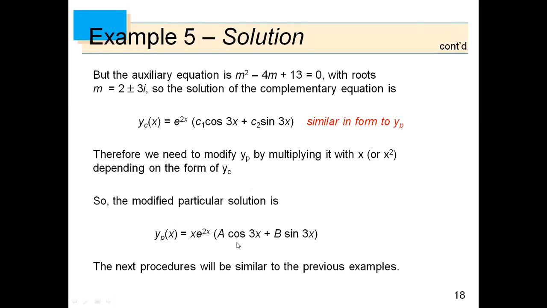Now, if you do differentiation of this particular type of yp, because it's the yp that we differentiate so that we can find the A and the B, you see the challenge in here: you will do a double use of the product rule of differentiation. If you consider this as your first term and this as your second term, the product rule will be applied to this: first term times the derivative of the second plus the second term times the derivative of the first.